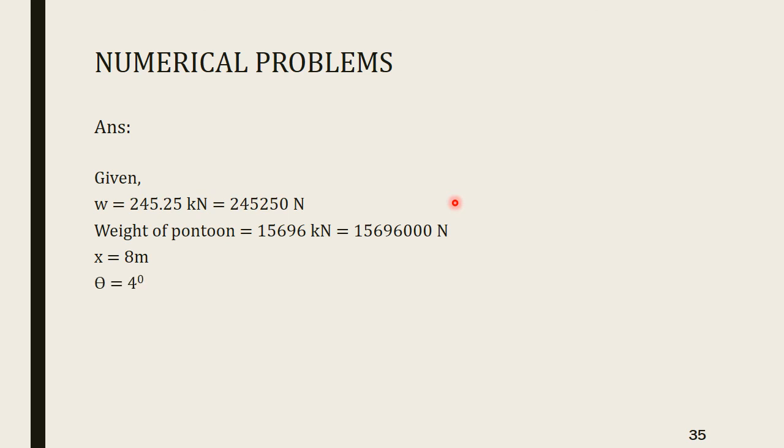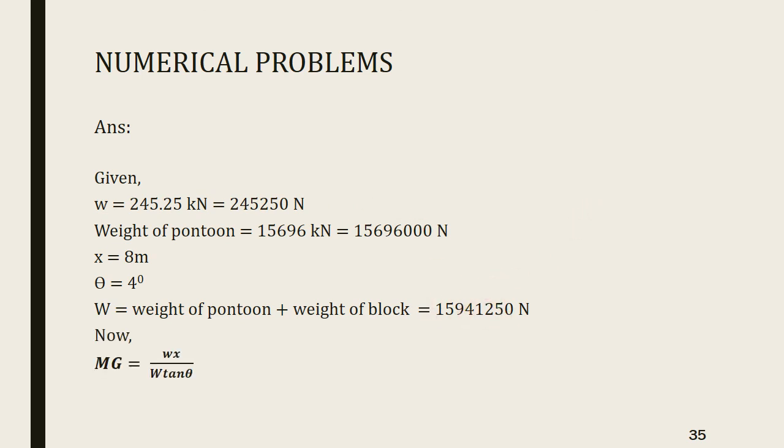It's a direct substitution problem. Capital W is weight of pontoon plus weight of block. So I've added the weight of pontoon with small w to get capital W, and substituted it in the formula mg is equal to small wx by capital W tan theta, and we obtain 1.76 meter to be the metacentric height.